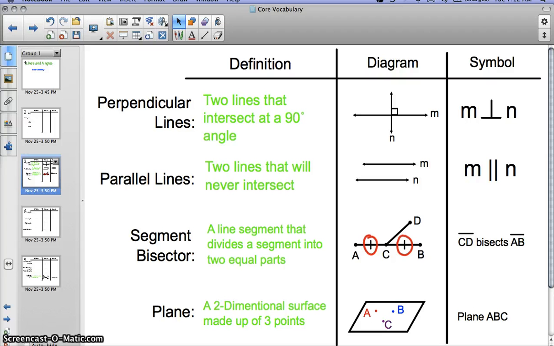And then for the diagram, you can just draw any kind of rectangle, slap 3 points in there that are not on the same line, label them, and there you create your plane. And then it's just defined as plane ABC. Pretty straightforward stuff.